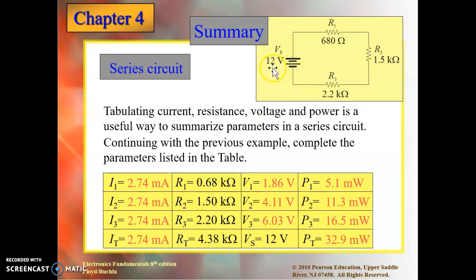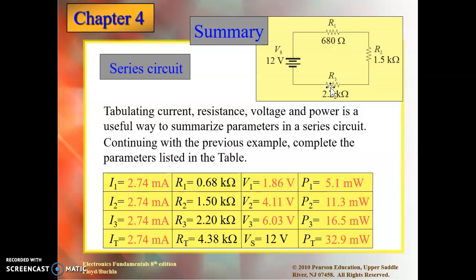So in a series circuit, it is important to understand that while current is the same, voltage is not. I have a total voltage source, and this voltage is going to get divided across this resistor, that resistor, and that resistor. What do I mean by divided? The voltage is going to get consumed by this resistor, consumed by that resistor, and consumed by this resistor.